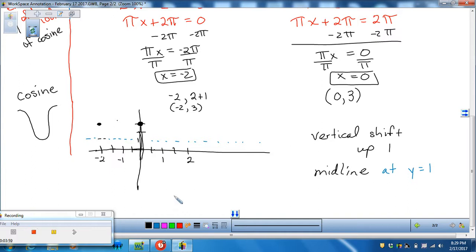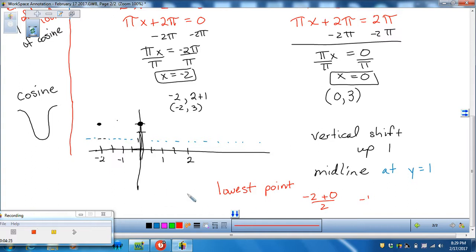Okay. Now my lowest point, remember, has to be halfway between these two endpoints. So the lowest point, what's halfway between negative 2 and 0? Negative 2 plus 0 divided by 2 is negative 1.